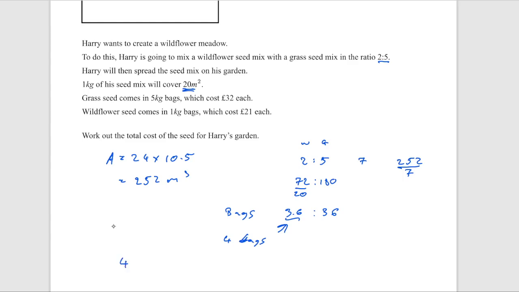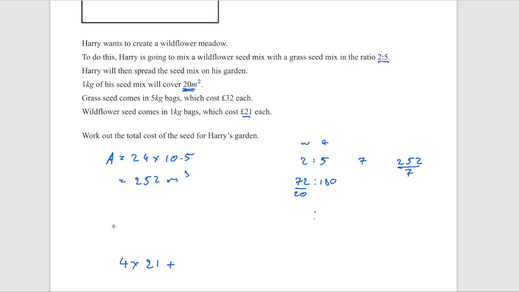So I'm going to do 4 times the cost of each wild seed, which is 21, and to that I need to add the price of 36 bags of... I've made a slight mistake here looking at it. So I need to rewind a little bit further than I was hoping.